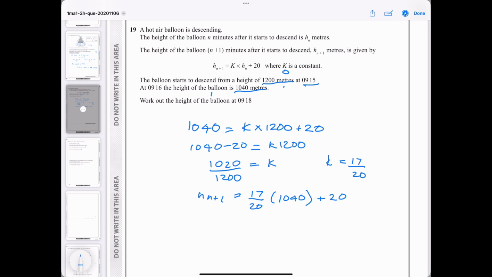That will give us 904 at 9:17, and at 9:18 it equals 788, or rather 788 meters plus 0.4.